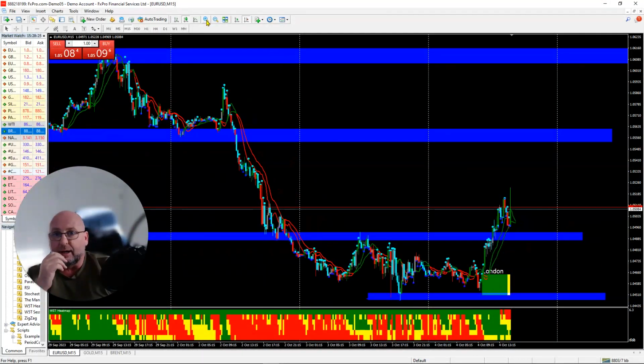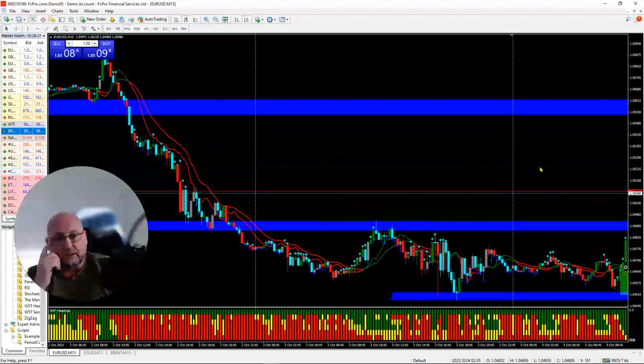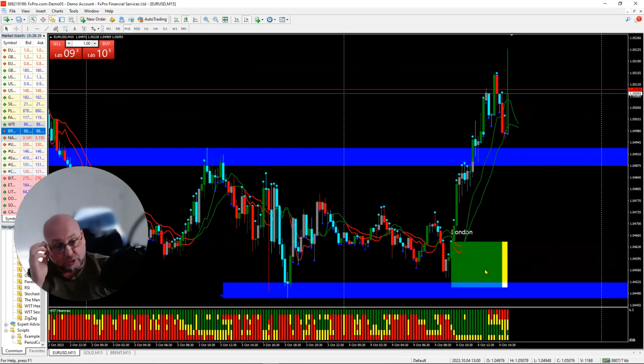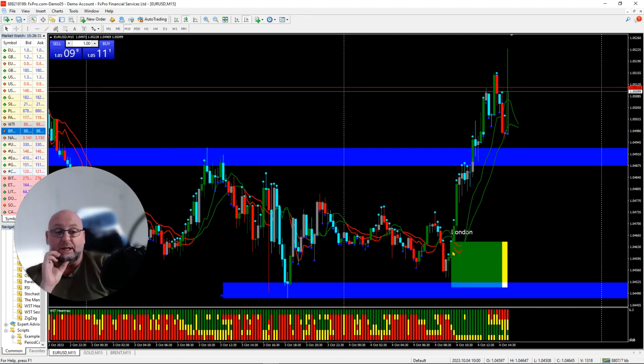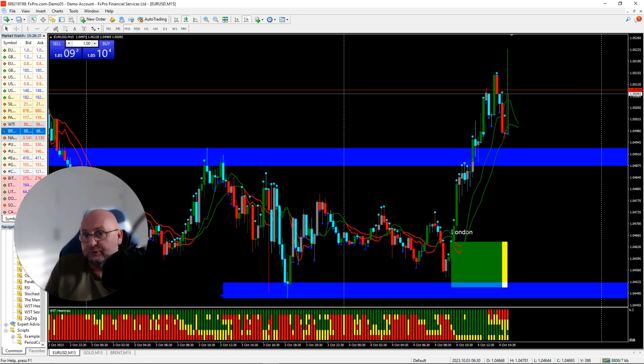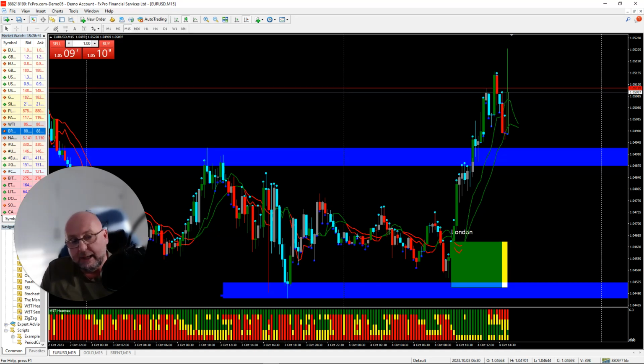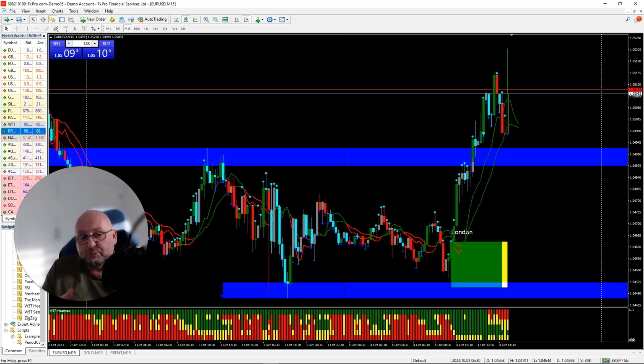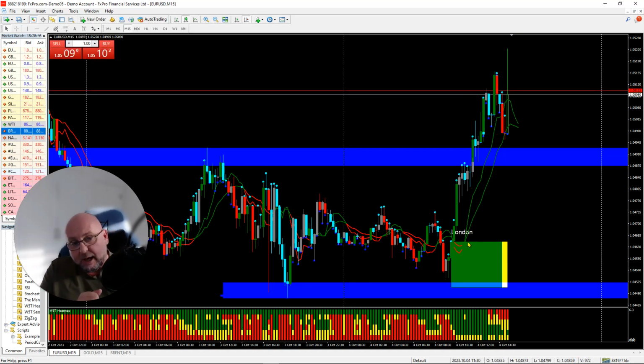So let's go now a little closer and start to look at this London open here today for Euro US dollar. The range breakout looks at that opening range. So the first 15 minutes of that London open on Euro US dollar defines the high and the low of the range, but it also defines whether it's bullish, bearish or neutral.